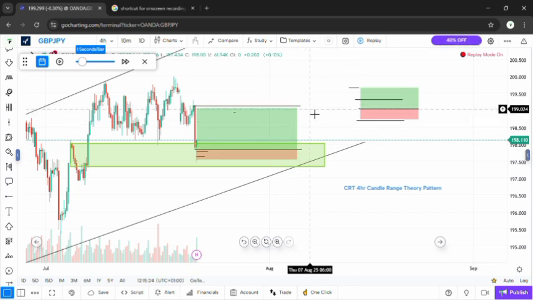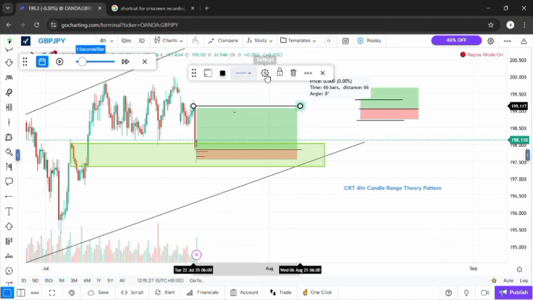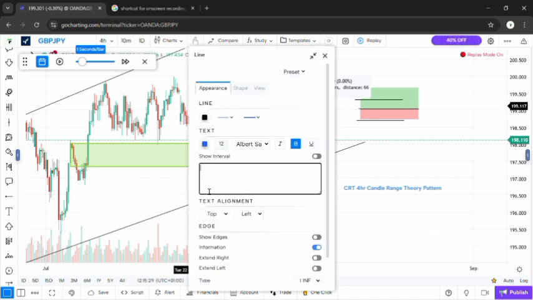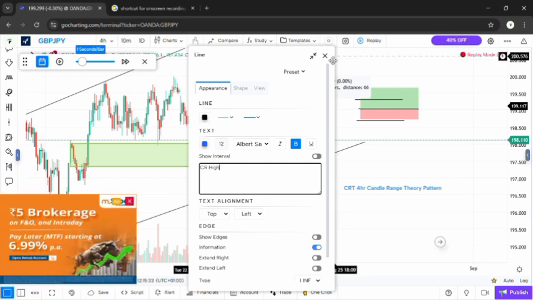This is my candle range high, and this is my candle range low.